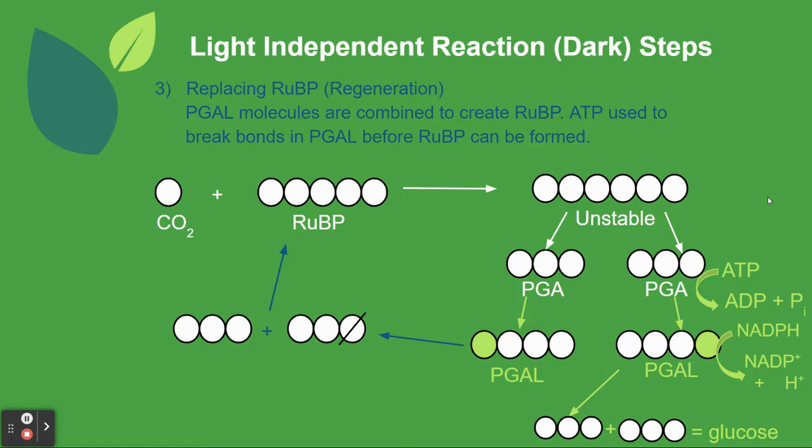What ends up happening is we steal off a carbon, we energize the process using ATP, and we remake RUBP. Okay, so I said it takes this 2 times around to make glucose. Okay, so what's happening is we go through this process twice, and then you'll get one glucose molecule.